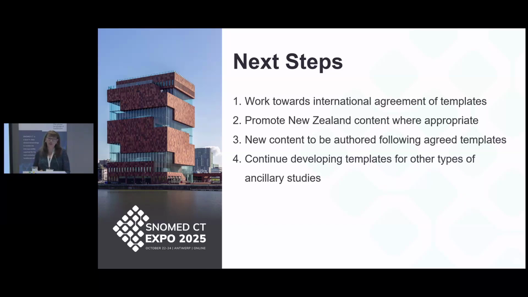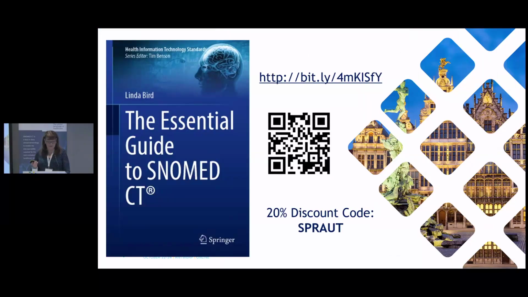And New Zealand will continue to develop techniques for new types of molecular and immunohistochemistry tests, as I said, focusing on the ones that are relevant to the structured pathology reports for treatment, eligibility, and staging purposes.